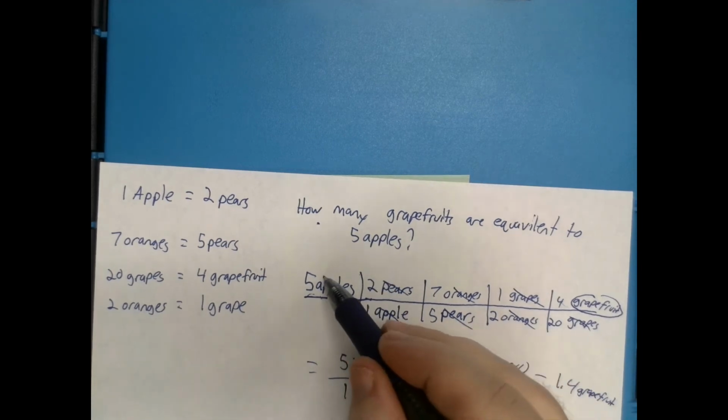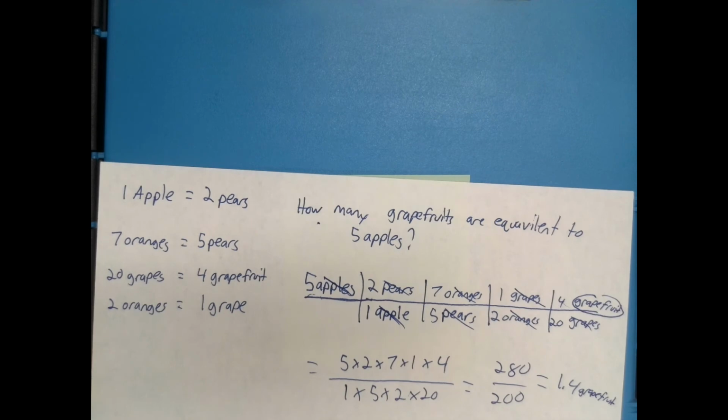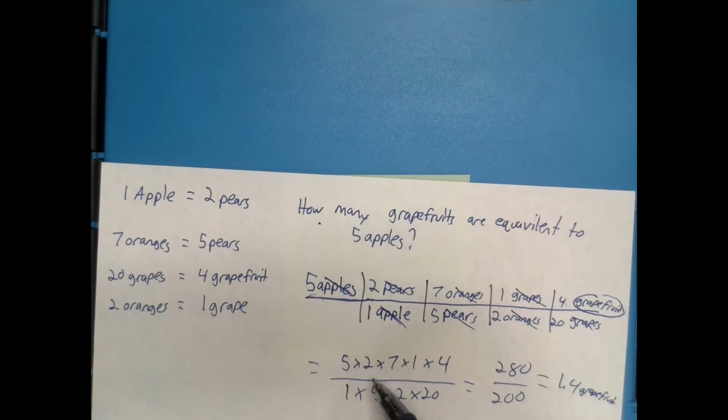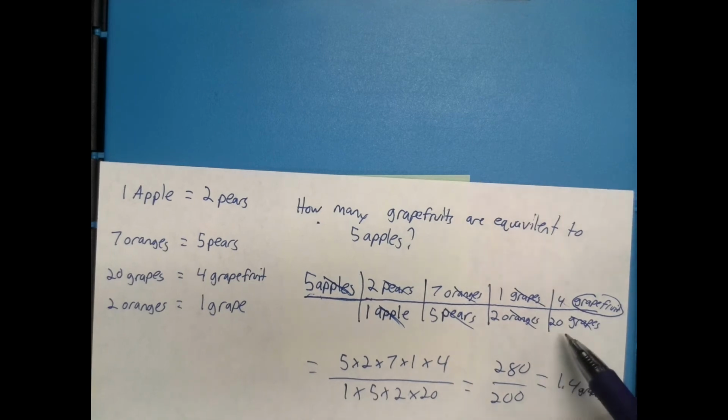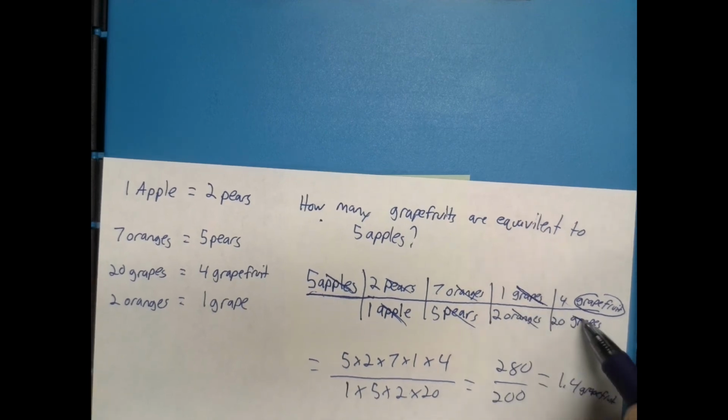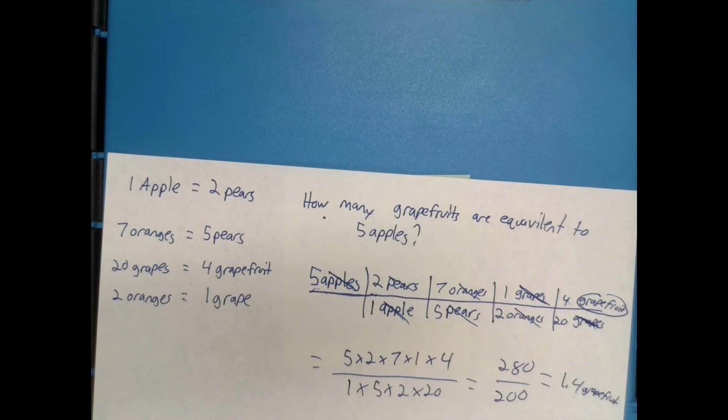This setup where I'm canceling out units tells me the correct order. Do I need to divide by 5 or do I need to multiply by 5? Do I need to multiply by 20 or divide by 20? You put 20 on the denominator so it cancels out these grapes, these units.